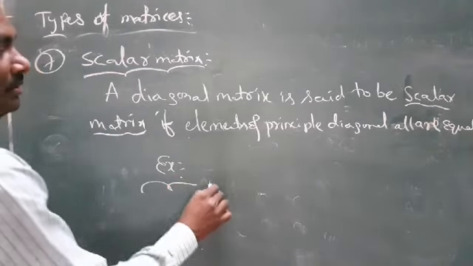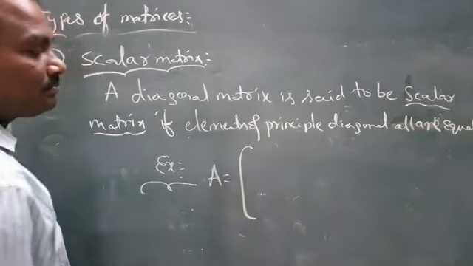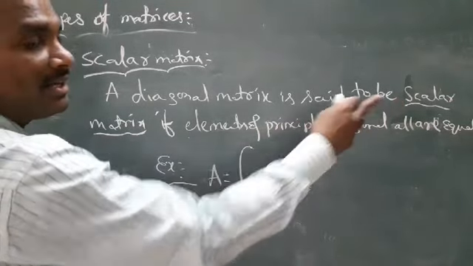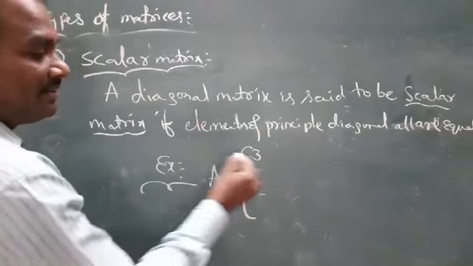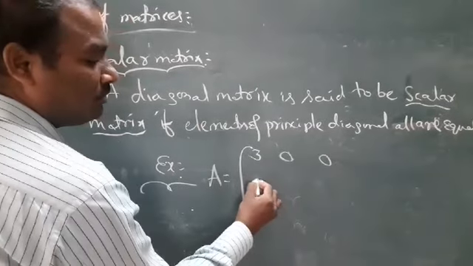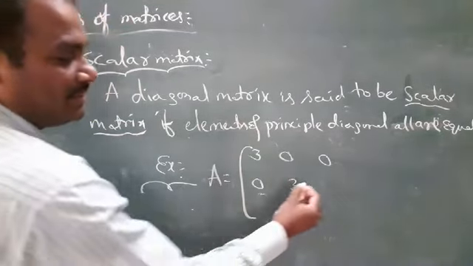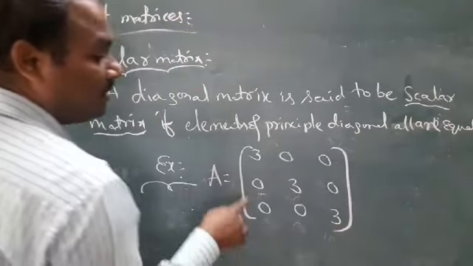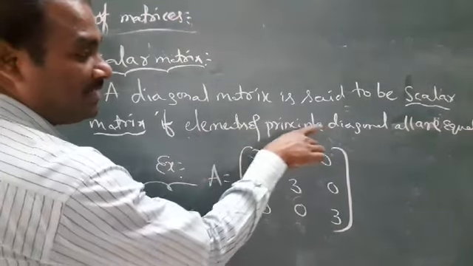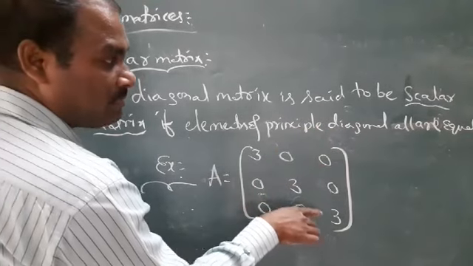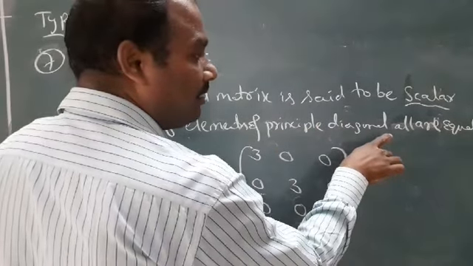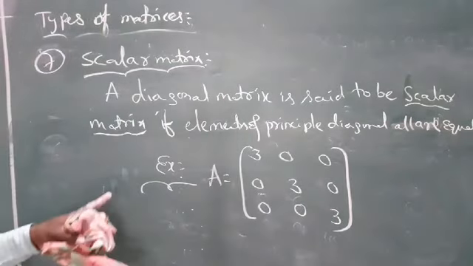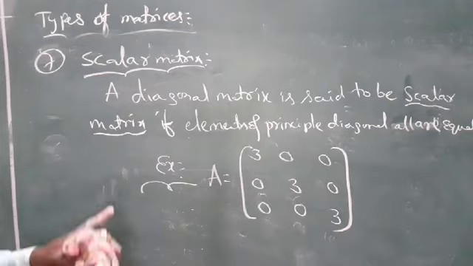For example, 3 0 0, 0 3 0, 0 0 3. The elements of the principal diagonal are all equal. This is called a scalar matrix.